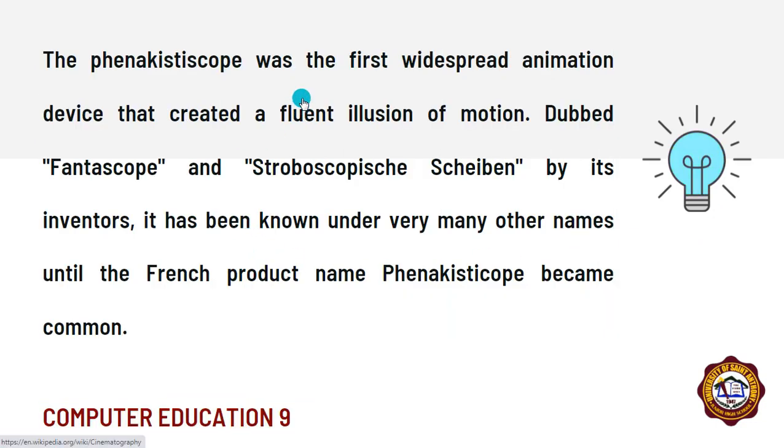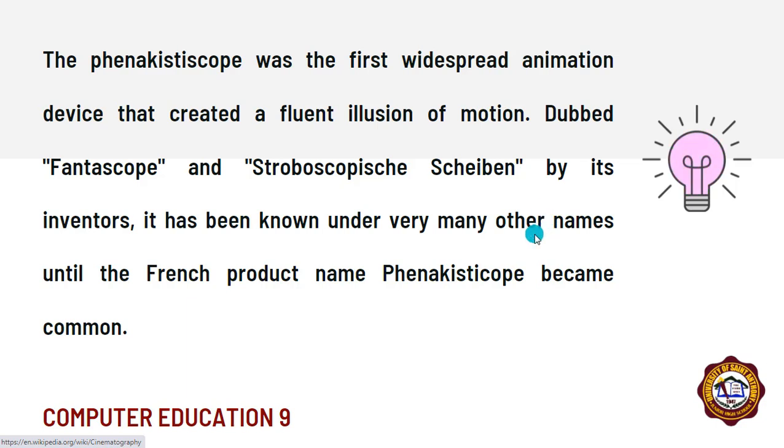So, ito daw was first widespread animation device, an animation device that created a fluent illusion of motion. So, parang gumawa siya daw ng fluent na illusion of motion na parang gumagalaw talaga yung isang eksena or yung mga tao or objects.